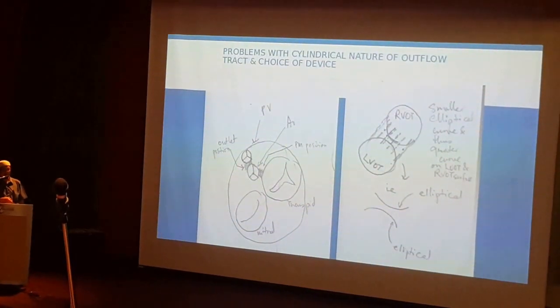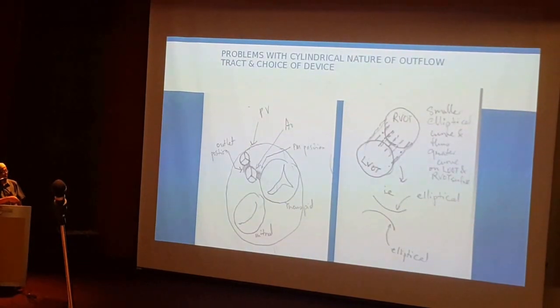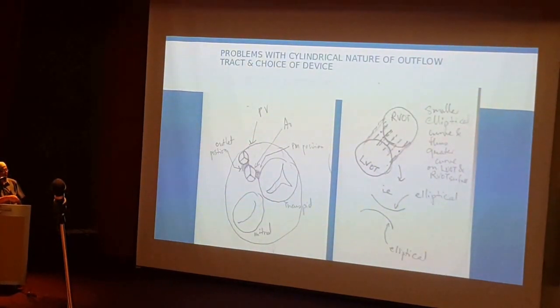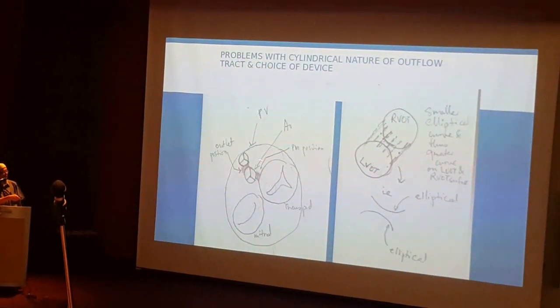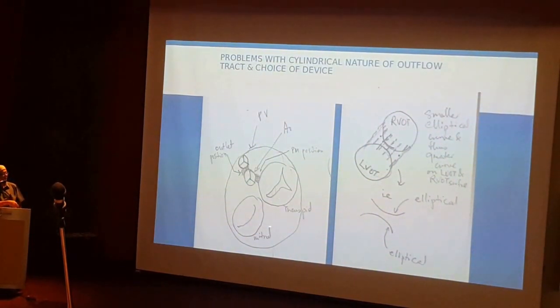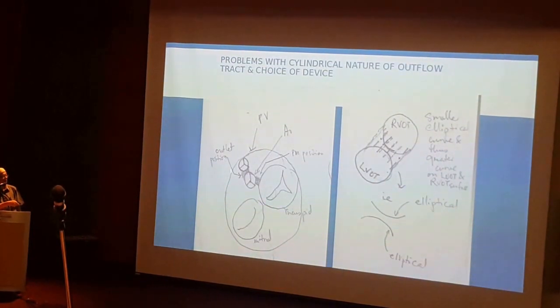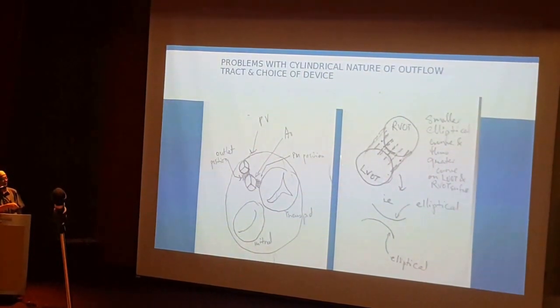Okay, so when you're dealing, especially with the outlet VSDs, and also the perimembranous defects, you have to remember that the LV is not a straight wall, actually. It's not nicely circular. It's elliptical, and in this region, it's even more elliptical.